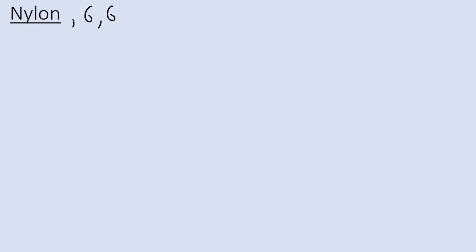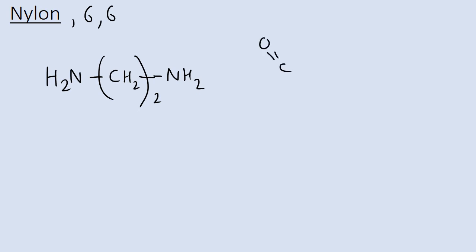and terylene. So the 6,6 structure, it's a diamine separated by 6 CH2 groups. There's 6 carbons long. It's a 6 carbon chain with NH2. And likewise, the carboxylic acid contains 6 carbons.